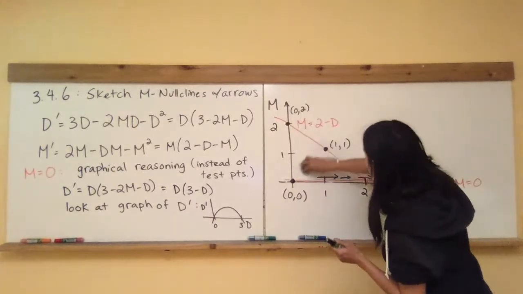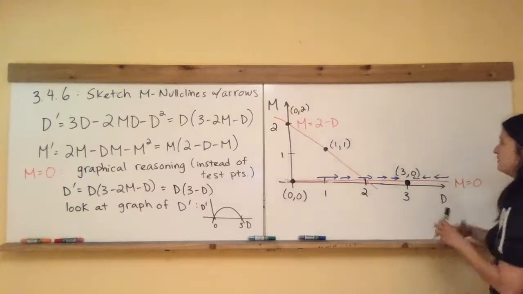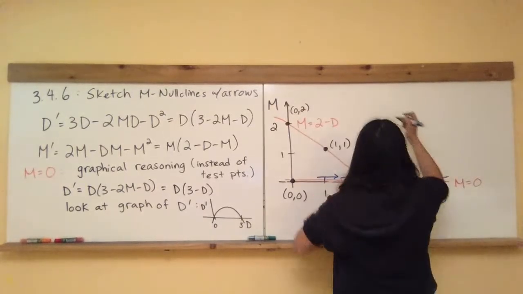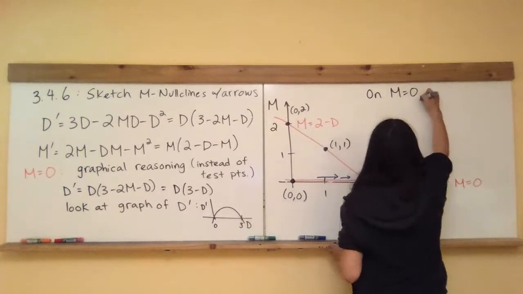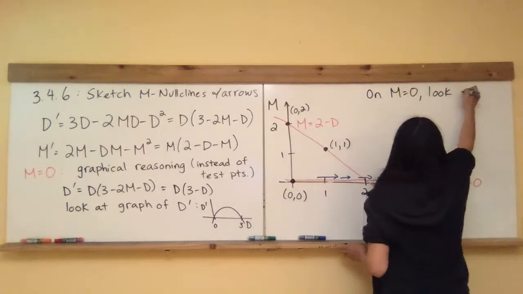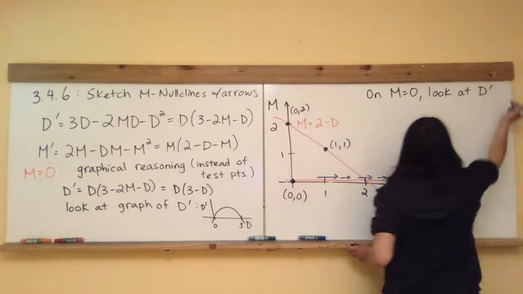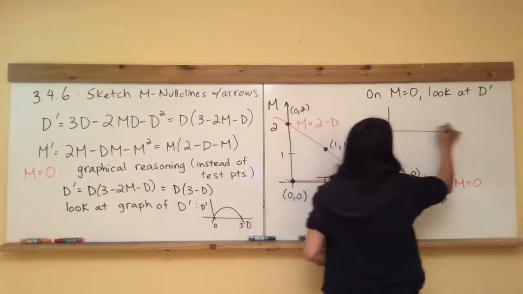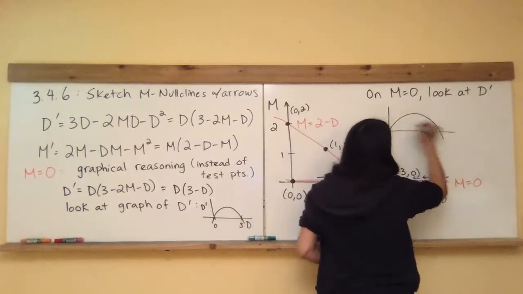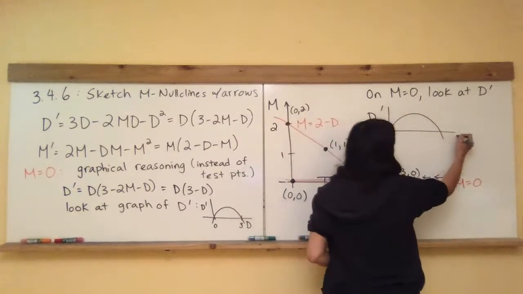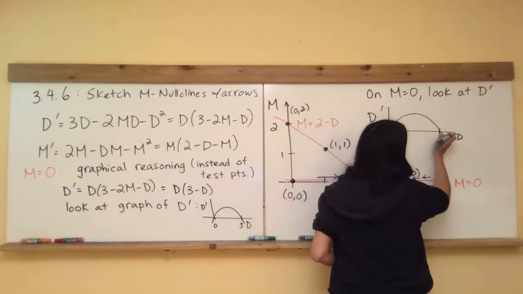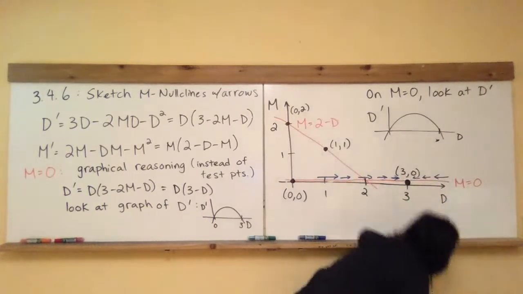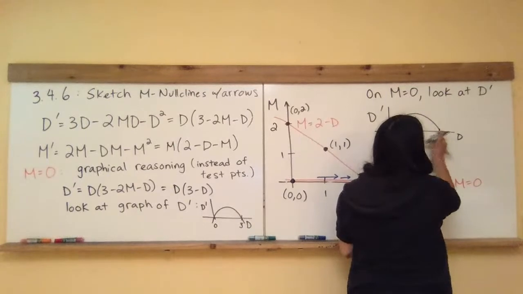I'm going to erase the test points because I actually don't need them. So the alternative method is on the nullcline m is equal to 0. We're going to look at d prime. Okay? We're going to think about it graphically. d prime as a function of d is positive in the region where d is between 0 and 3, and it's negative in the regions outside of that.